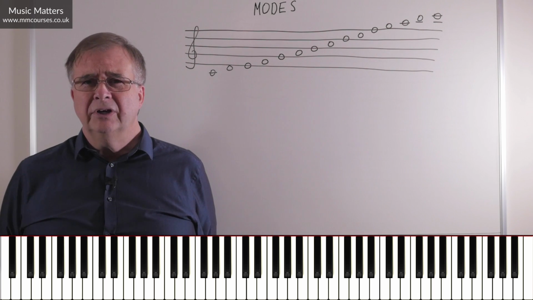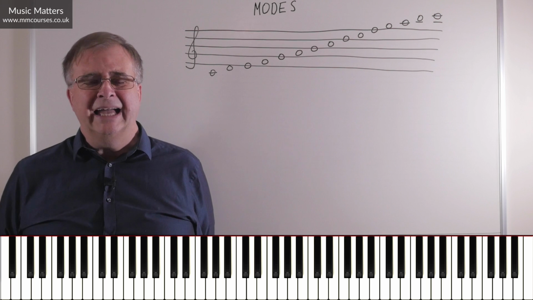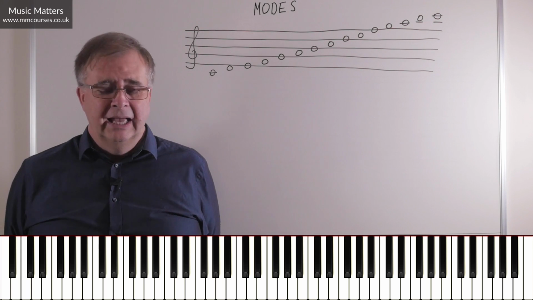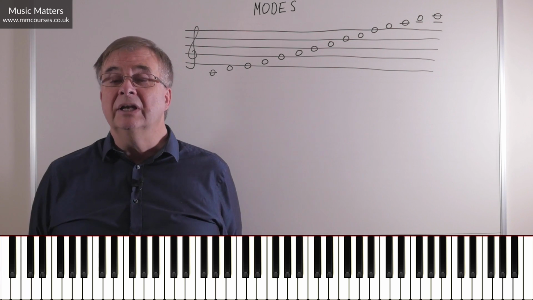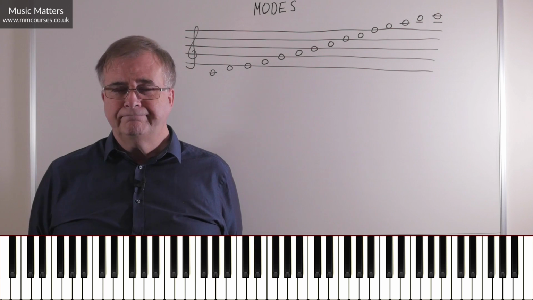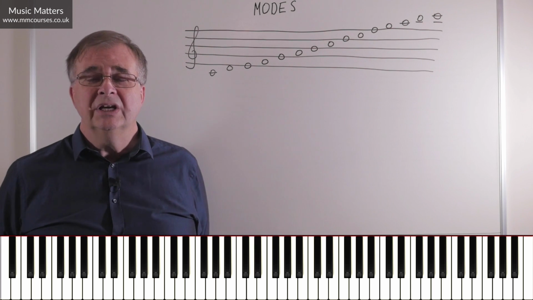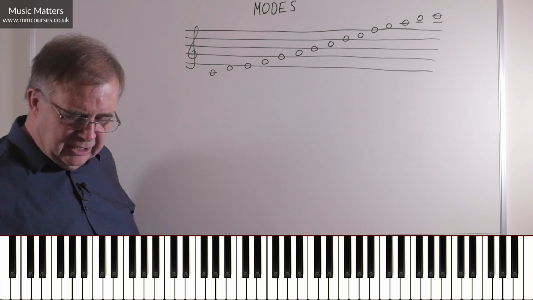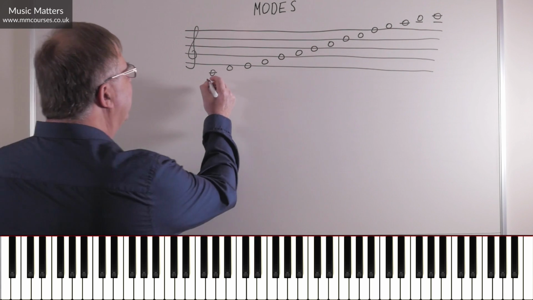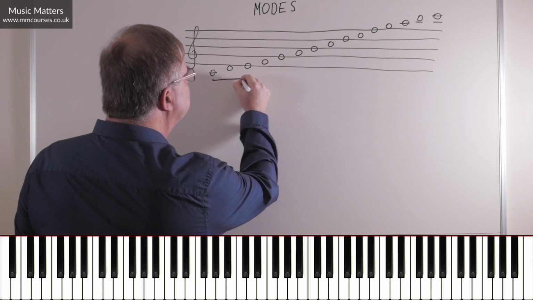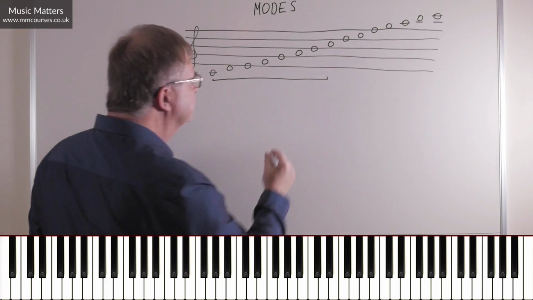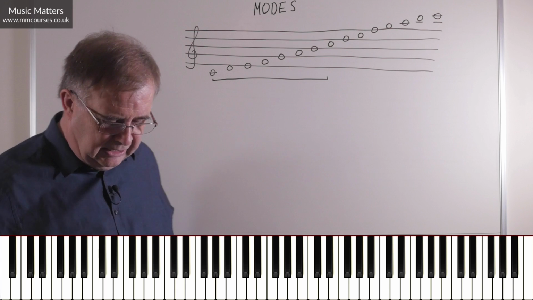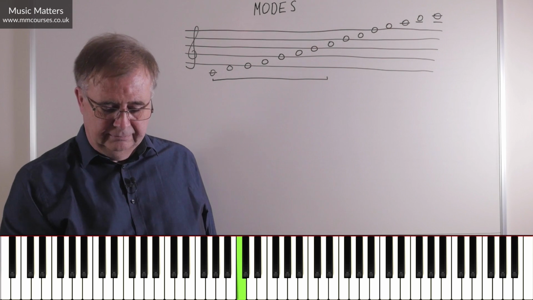Now, this all sounds very complicated, I'm sure, but it's not as complicated as it seems. Let's just have a little exploration of what these modes are. And I'm going to start with a mode that we will all instantly recognize. If I start on C and I go up to the next C, that sounds to us like a scale of C major.